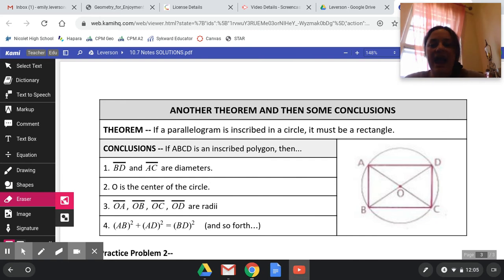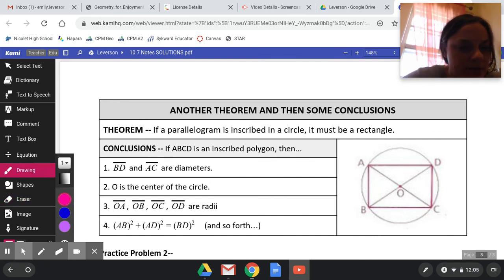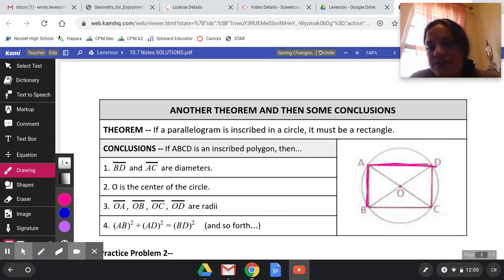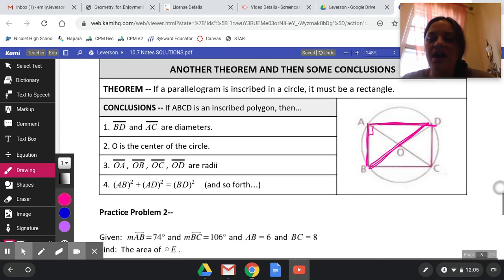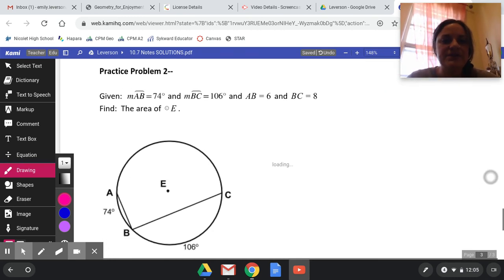And I can say AB squared, so this side length right here, plus AD squared, so this length right here, is equal to BD squared. How do I know this? Well, I've created a right angle because it is a rectangle. So I can say that, and I can go through. I've got a bunch of different right triangles that are created, so I can use that with all of the iterations thereof. Okay? So let's do another practice problem.